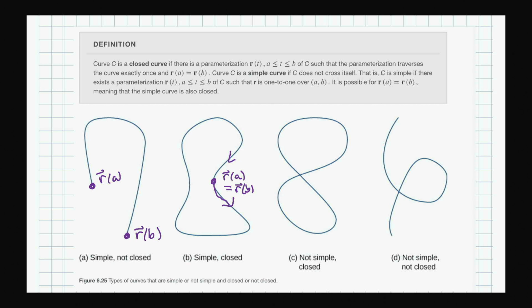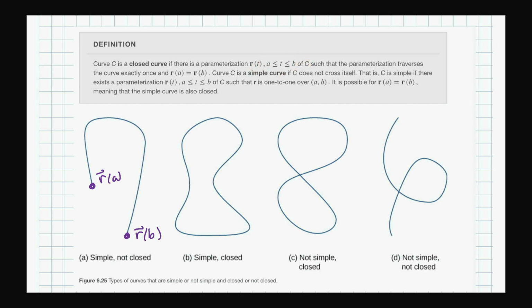And also, they say for the definition, we want the parameterization to traverse the curve exactly once. They want it to be possible to have one revolution around the curve being the parameterization.